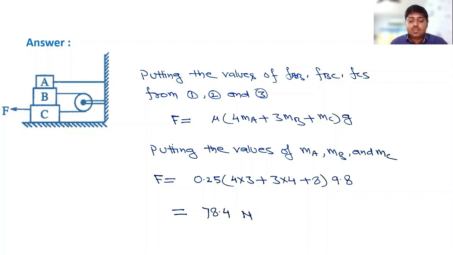So this is the value of the force that we have to apply on this body C so that it can move with a constant speed in this direction, or towards the left direction. So this is our final answer.